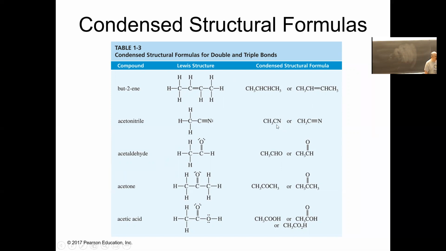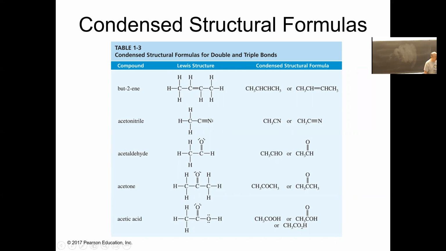Sometimes they are implied, in this case, CN. For acetaldehyde, I prefer the notation on the right rather than CHO.